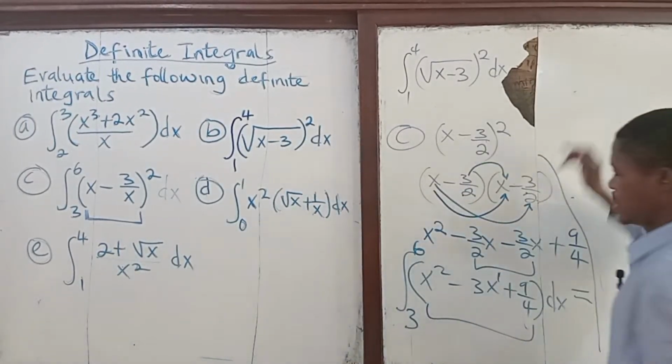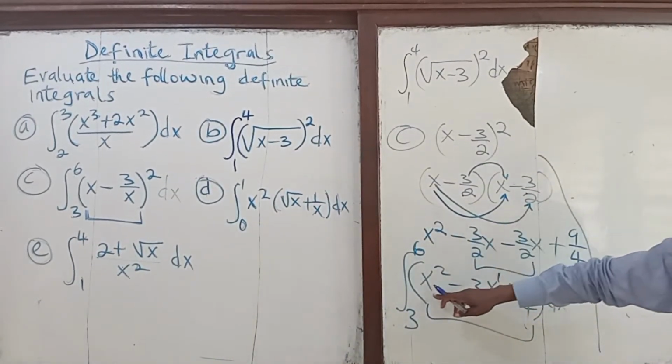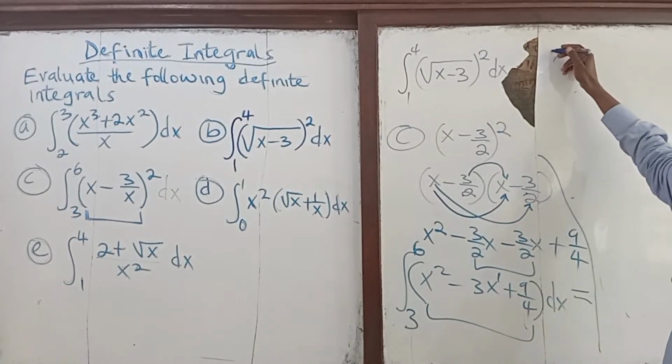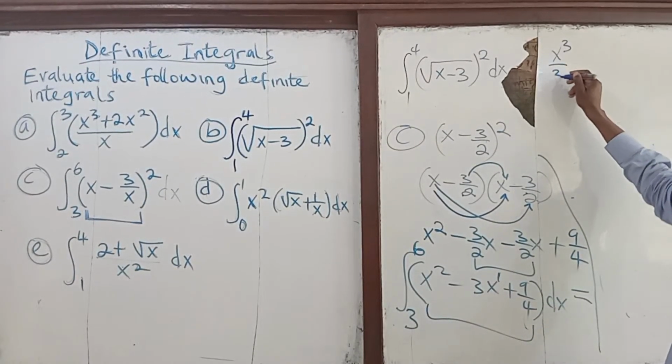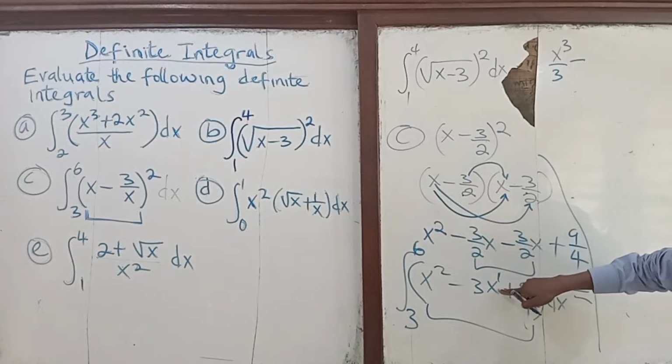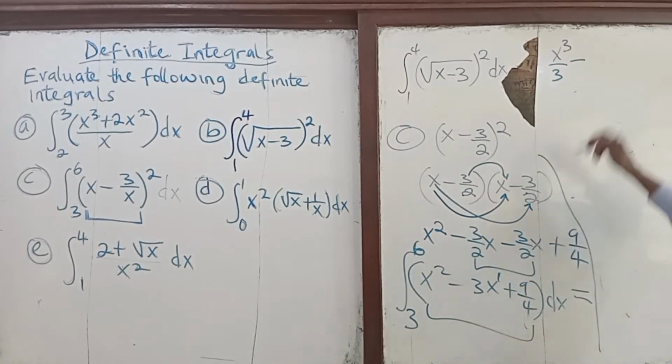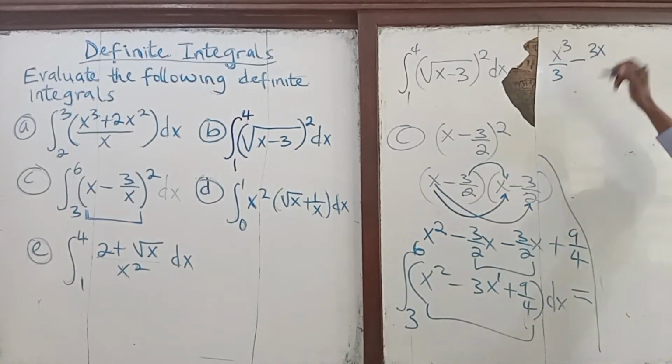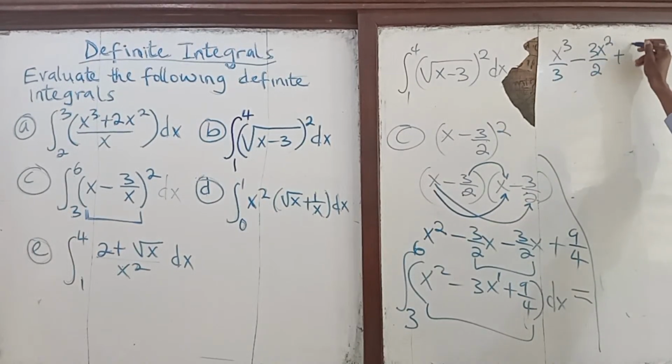If you integrate this one, x to the power 2, the power plus 1, that's x cubed over 3, minus 3x to the power 1, that's 1 plus 1, that's a 2 over 2, then plus 9 over 4 x.